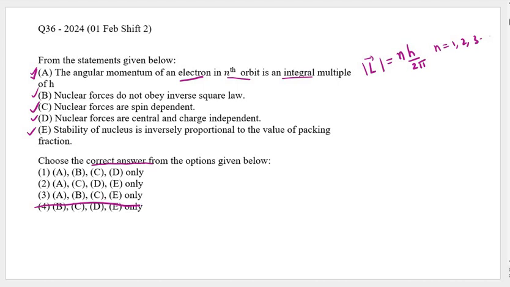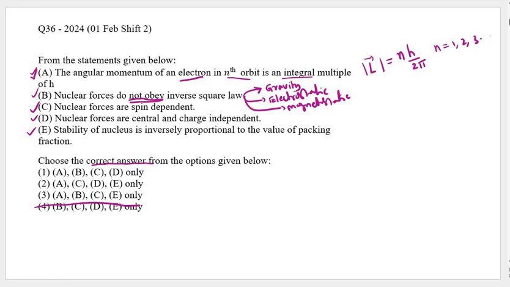Next, nuclear forces do not obey inverse square law. Obviously, they will not obey the inverse square law. The inverse square law is generally obeyed by gravitational force, electrostatic force, and magnetostatic force. Two magnetic poles separated by some distance, then the force is 1 by r square.